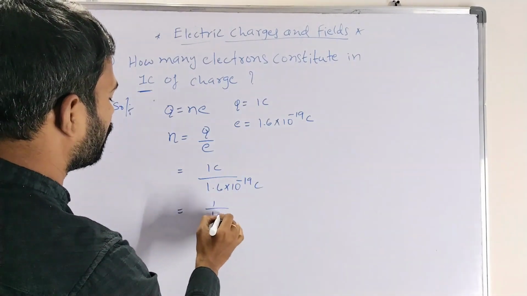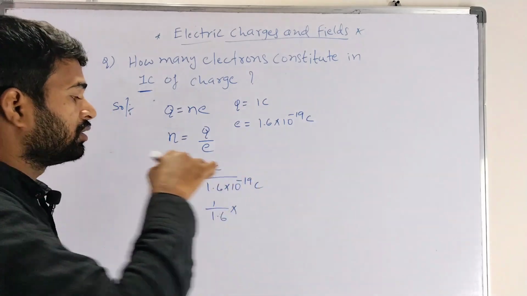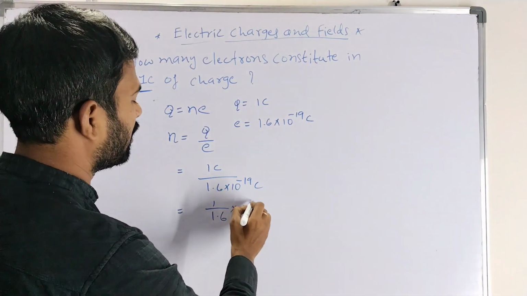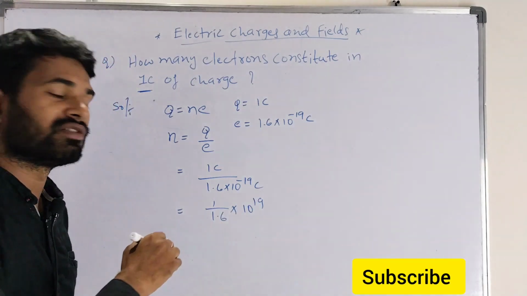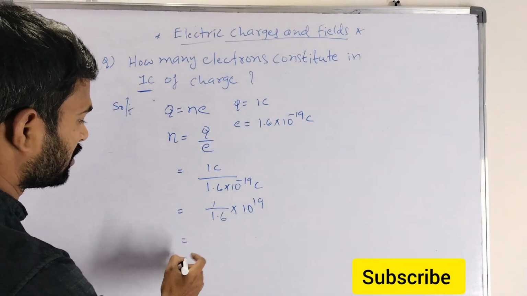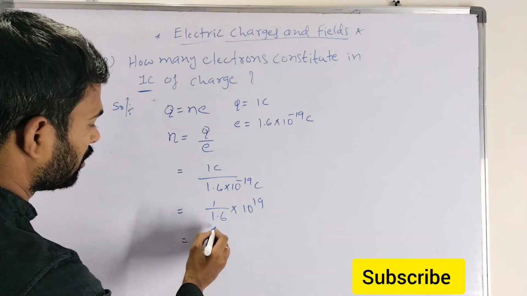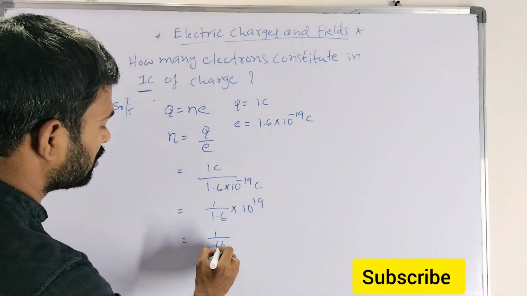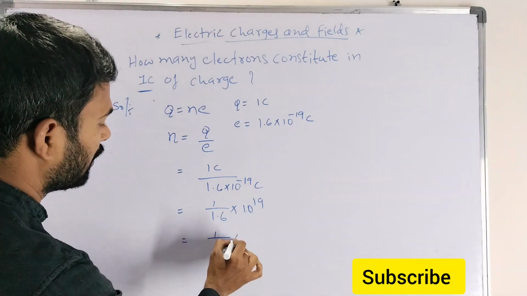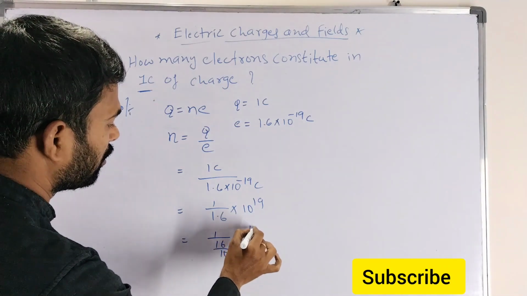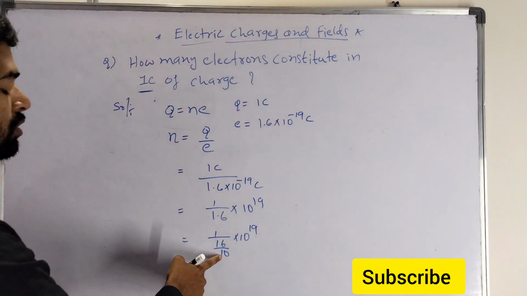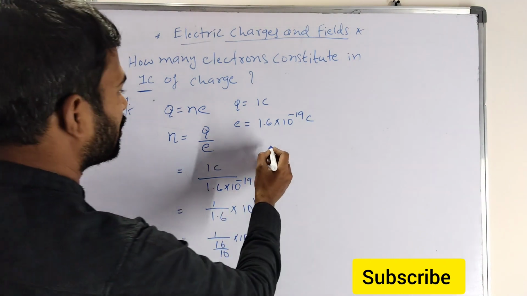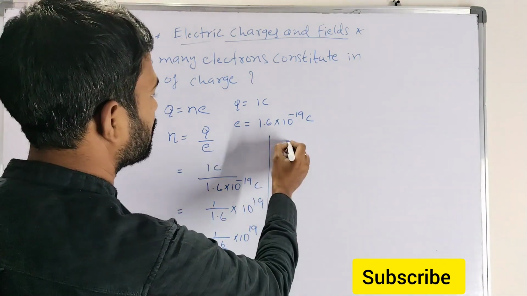So 1 divided by 1.6 into 10 power minus 19. Take 10 power 19 to the numerator, so it will be 10 power 19, minus becomes plus. For 1.6 we can cancel the point and write 10 by 16 into 10 power 19.